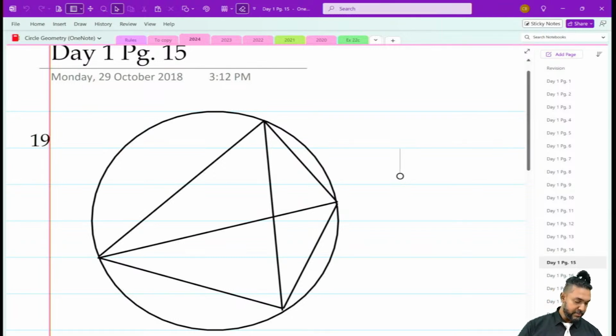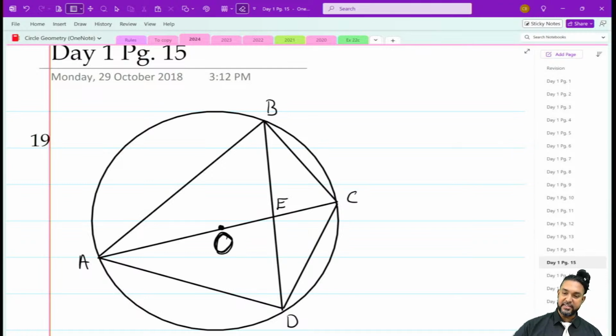Right. So give me 1 second. I have to pull from the actual textbook for this. I don't know what happened to the question from last year. Right. Now, this point O is the center of the circle.